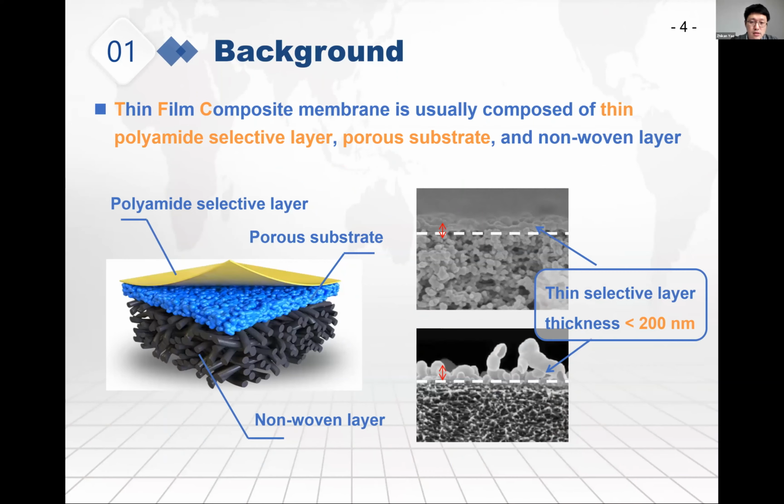As shown in the picture on the left, a TFC membrane is usually composed of a thin polyamide selective layer on the top, the thickness of which is lower than 200 nanometers, a porous substrate in the middle, and a thick non-woven layer at the bottom.